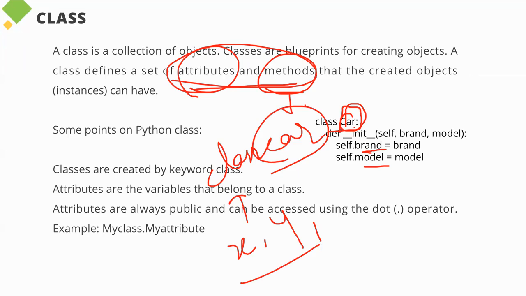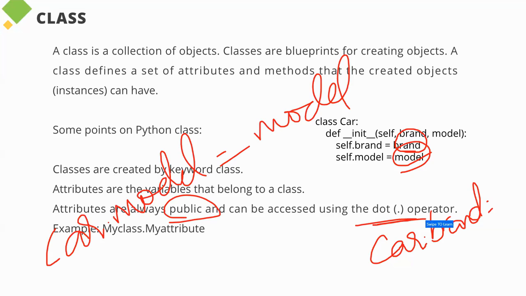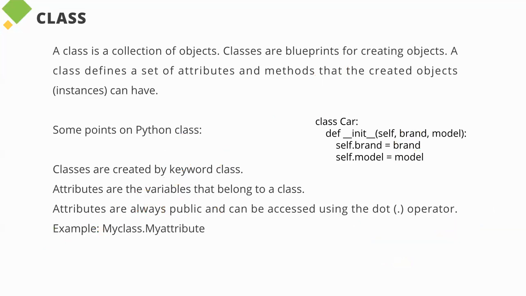Suppose car dot brand gives me the brand here. If I go with car dot model, it gives me the model here. So these are public and can be accessed with the dot operator. Let's move on to the next.